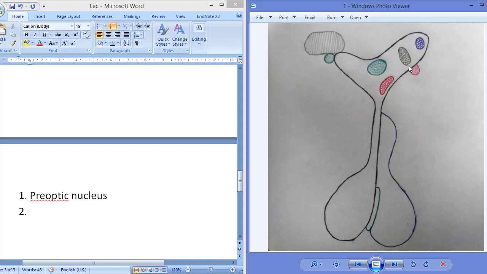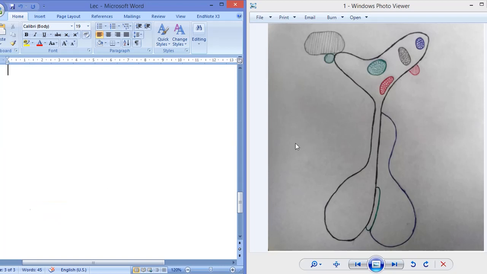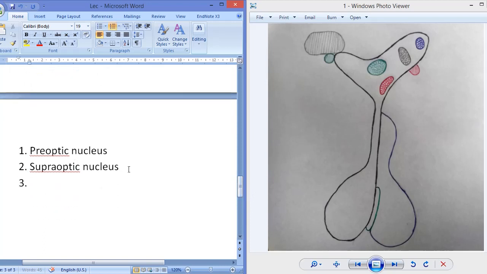This nucleus is called the supraoptic nucleus. The supraoptic nucleus has something to do with the posterior pituitary, which we will learn about in the next lecture. Similarly, the third nucleus is present below the third ventricle of the brain, which is why it is called the paraventricular nucleus.